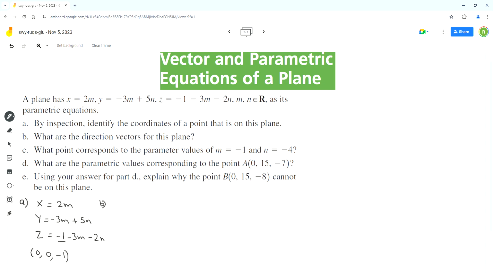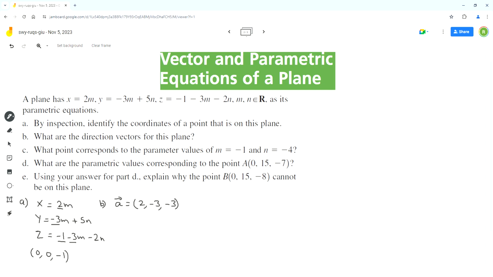So one of the direction vectors has the components that are the coefficients of the m terms. The coefficients of m terms in these equations are 2, negative 3 and negative 3. So the first direction vector A is equal to 2, negative 3, negative 3.